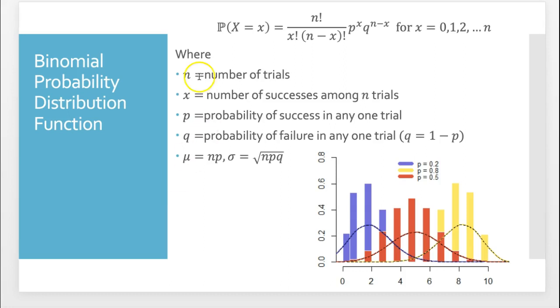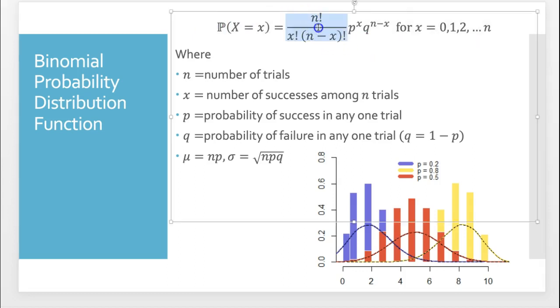Okay, and really quick, some of them have equations here, and I don't want to scare you too much with this equation, but what this thing does is it counts combinations for us, and these exclamation marks are called factorials. It'll automatically count the number of ways you can get X number of heads out of n total trials. Say we want to count the number of ways to get 10 heads out of 1,000 trials.